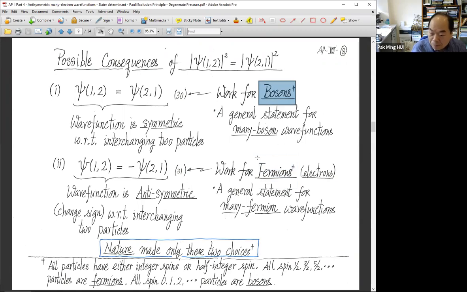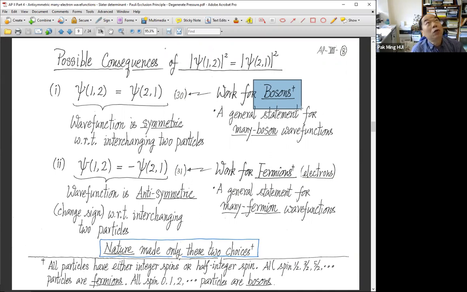All particles with half-integer spin, 1/2 or 3/2, are fermions. All particles with integer spin, 0, 1, are bosons. This spin and so-called statistics relation can only be proved later in quantum field theory. But we have this relationship.